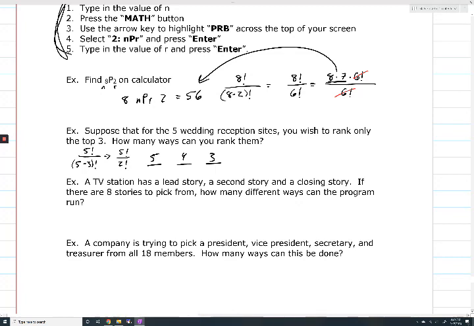Again, 5 factorial divided by 2 factorial reduces down to 5 times 4 times 3 times 2 factorial divided by 2 factorial, which is where I get my 5, 4, 3, which is 60. So anytime I'm doing these problems on my notes, on my tests, on quizzes, things like that, you will see that I will always be making those underlines to help me process what's happening.